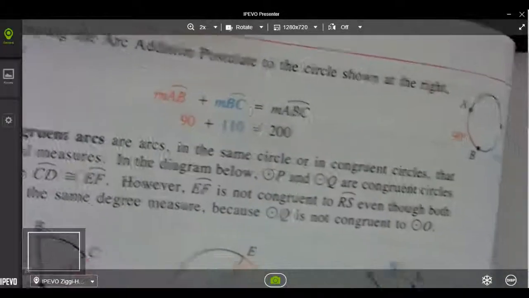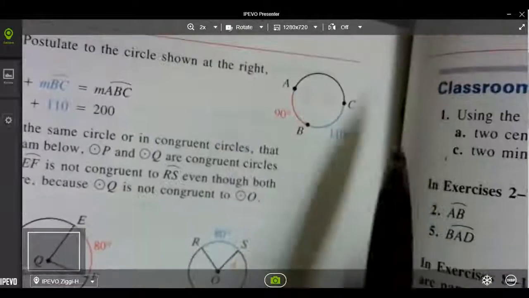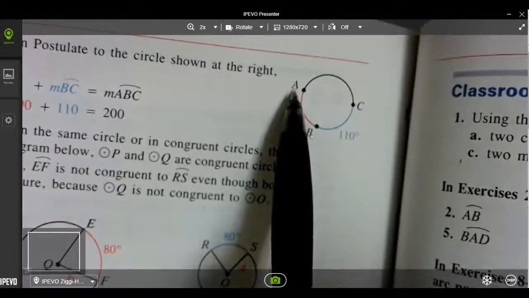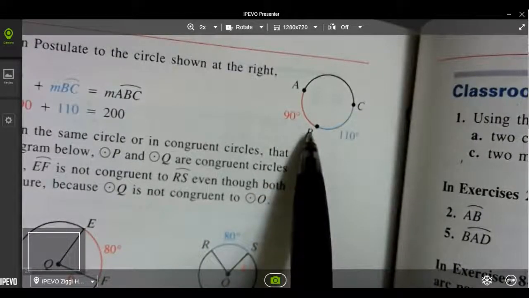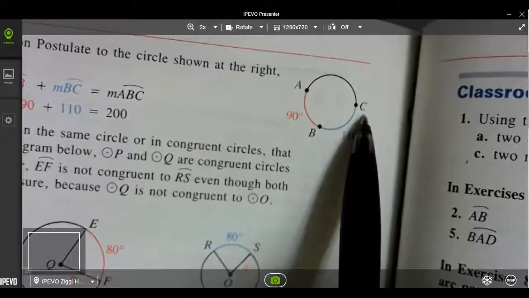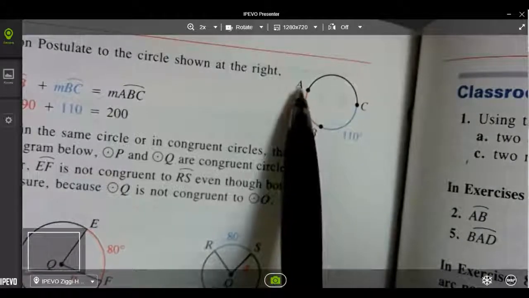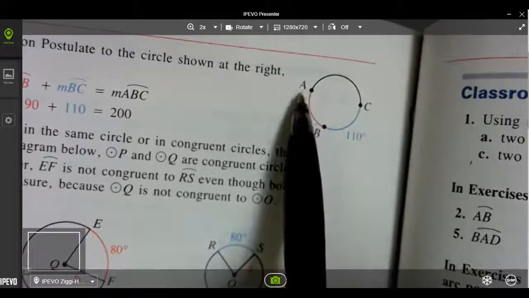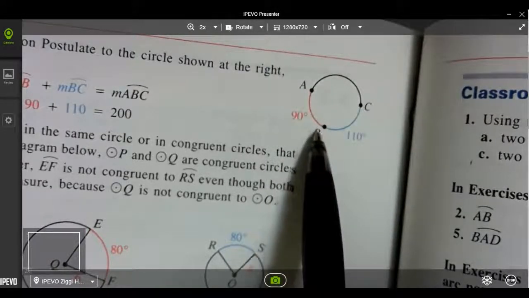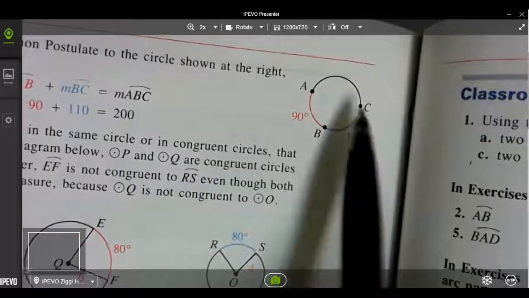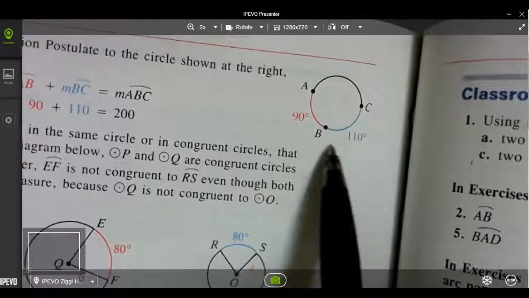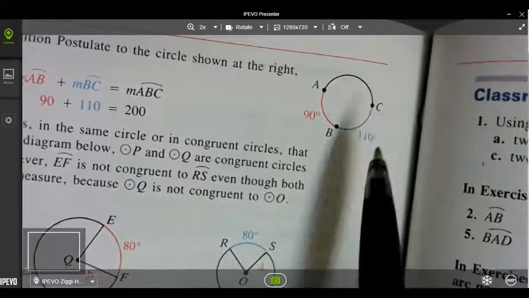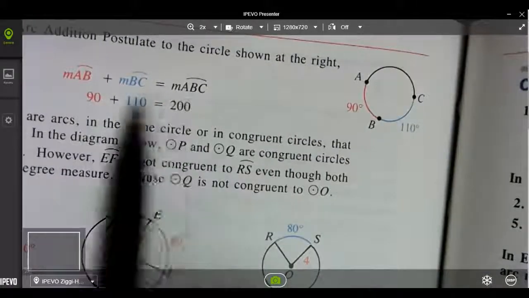Here we have arc AB, a minor arc, and BC, a minor arc too. But ABC is a major arc. So if we add arc AB and BC, they add up to be ABC. That's the arc addition postulate.